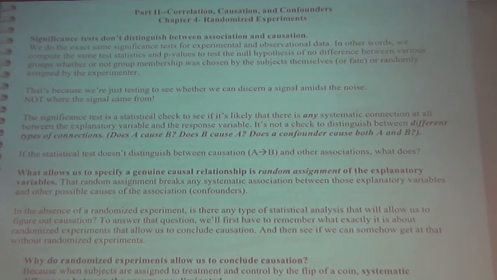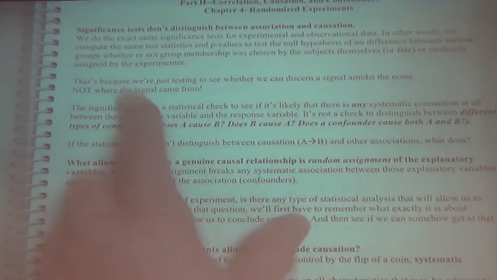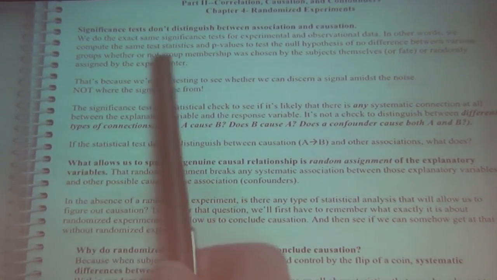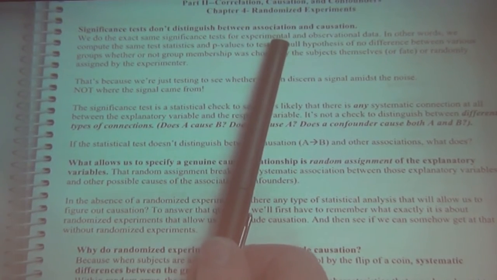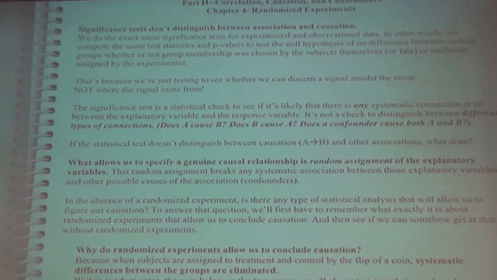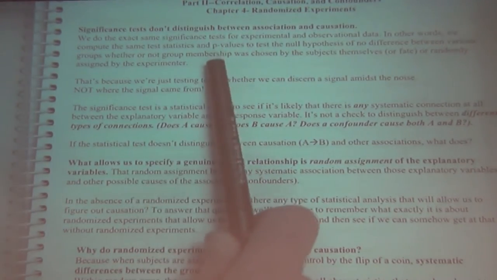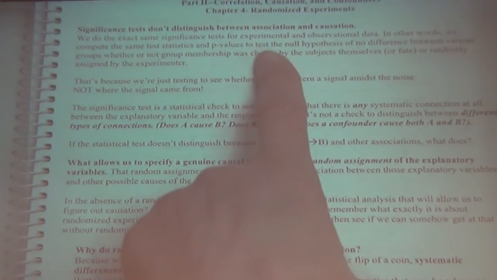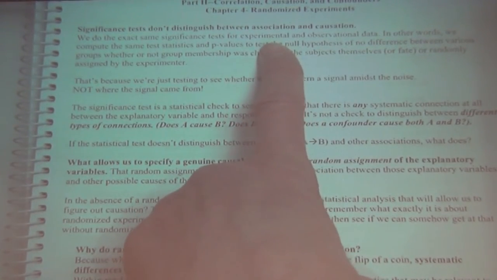We've just looked at significance tests, and the important point that people forget is that significance tests don't distinguish between association and causation. We do exactly the same significance tests, whether we have observational data or experimental data.